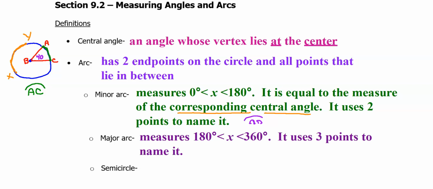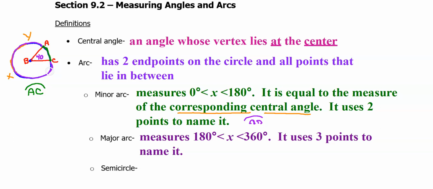The next type of arc is a major arc, and it measures between 180 degrees and 360 degrees. This time it's going to use 3 points to name it. So sometimes we could have, say, an arc AC like I did earlier, or now I can have the same endpoints A and C but go this direction.